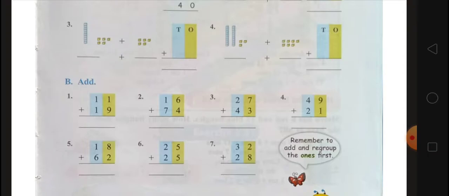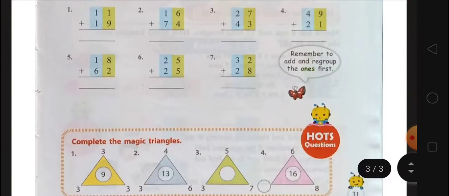Question number 4: 9 plus 1 is 10, 0, 1 carry, 4 plus 2 is 6, plus 1 is 7, that is 70. Question number 5: 8 plus 2 is 10, 0, 1 carry, 6 plus 1 is 7, plus 1 is 8. So that is 80. 25 plus 25: 5 plus 5 is 10, 0, 1 carry, 2 plus 2 is 4, plus 1 is 5, that is 50. Question number 7: 2 plus 8 is 10, 0, 1 carry, 3 plus 2 is 5, plus 1 is 6, that is 60.